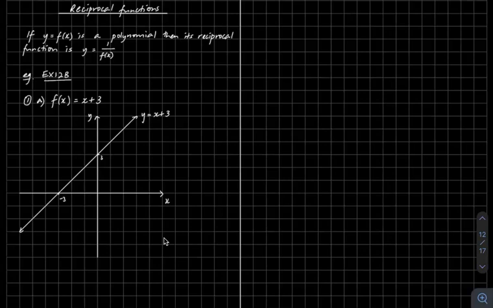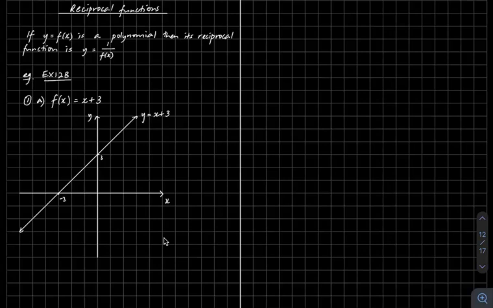Okay, so using that, let's analyze what the graph of y equals 1 over x plus 3 is going to look like. The first thing that we might notice is that where x plus 3 is equal to 0, 1 over x plus 3 is going to be undefined.